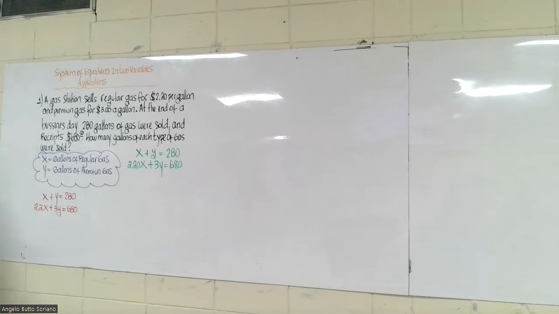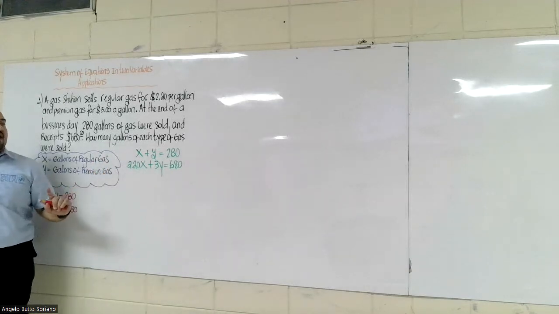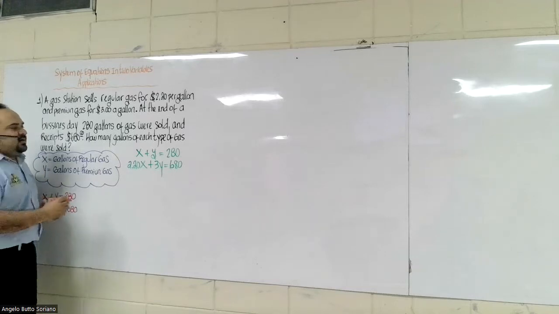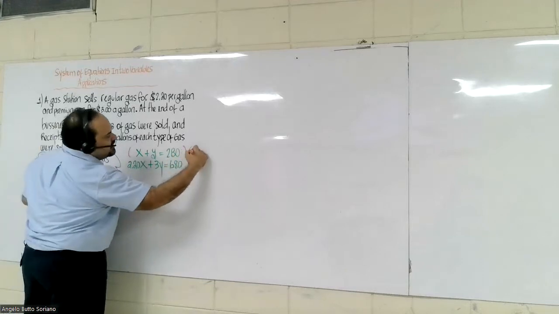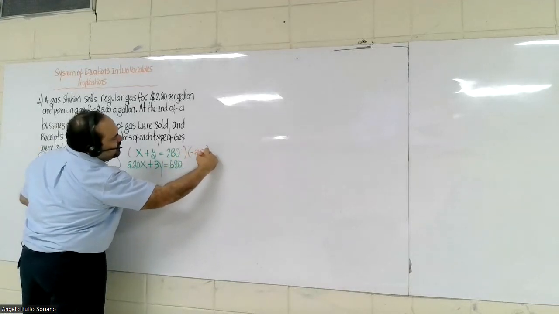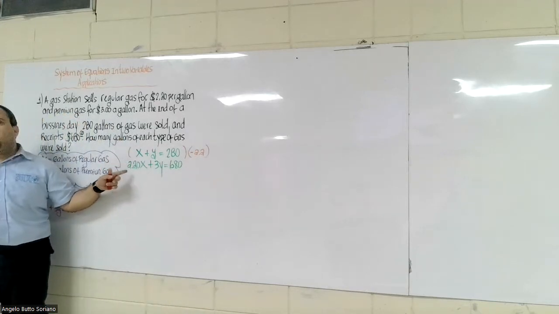All right. We must eliminate one variable. Which one? Okay, x. We must eliminate the letter x. To do that, it's simple: multiply only the upper equation by negative 2.2, because one times 2.2 gives us 2.20.